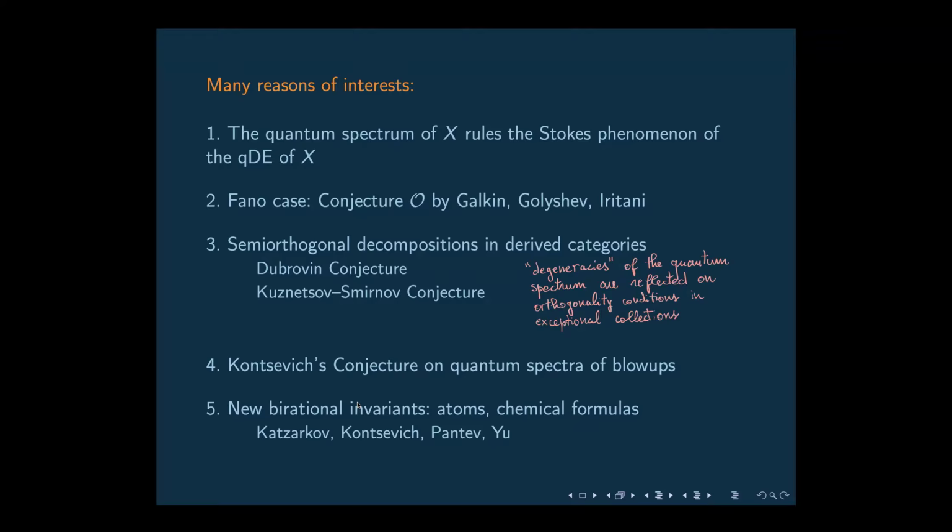A second main motivation for interest in studying the quantum spectrum comes from the work of Galkin, Golyshev, and Iritani concerning Conjecture O. Conjecture O essentially gives some qualitative description of the quantum spectrum for Fano varieties.